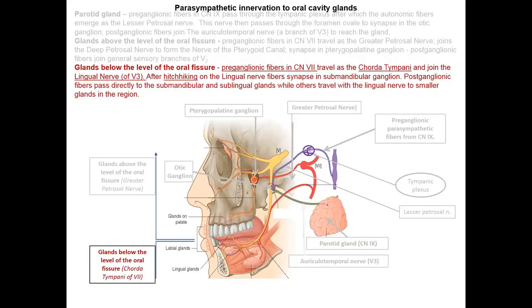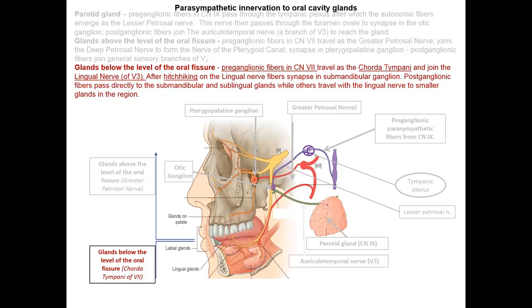Now let's consider the last of these, and those are glands that are below the level of the oral fissure. Again, we have cranial nerve 7 involved. These preganglionic fibers travel as the chorda tympani nerve and join the lingual nerve, which is a branch of the third division of the trigeminal nerve. After hitchhiking on the lingual nerve fibers, the preganglionic fibers of nerve 7 synapse in the submandibular ganglion.